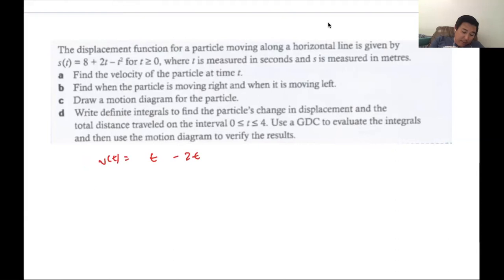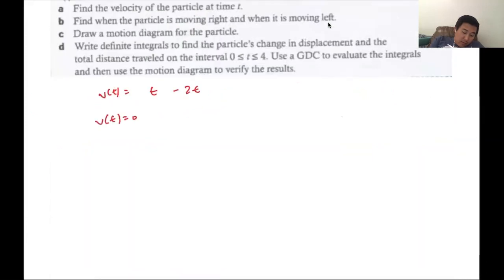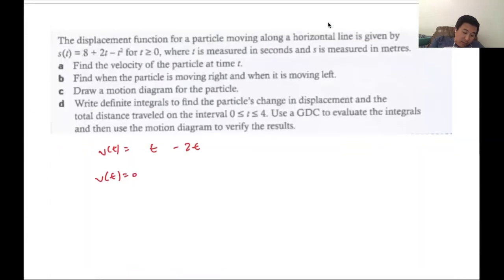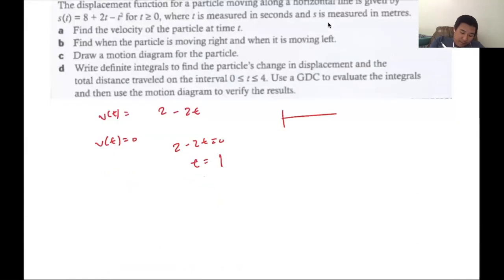Find when the particle is moving right, v of t equals 0. So t minus 2t equals 0. t equals 2, 1. Plug in 2, negative, plug in 0.5, positive.